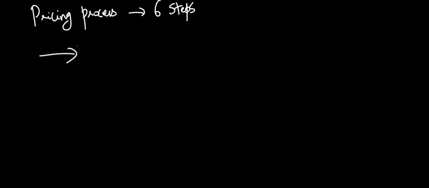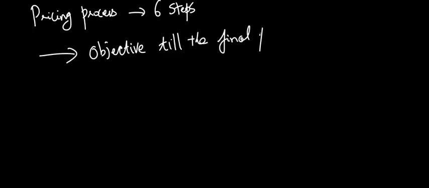Basically, the pricing process consists of a series of 6 steps. It's a 6-step process, and it starts from the objective setting till the final pricing which you give.